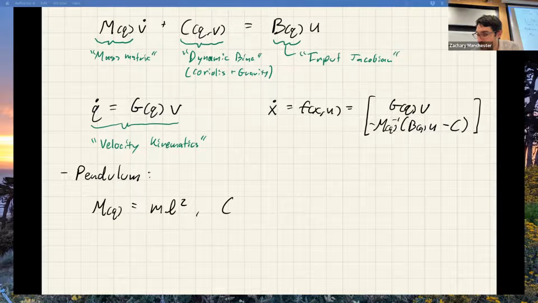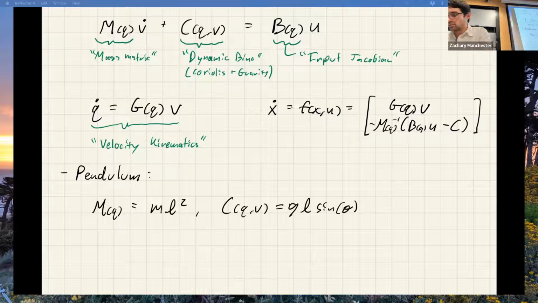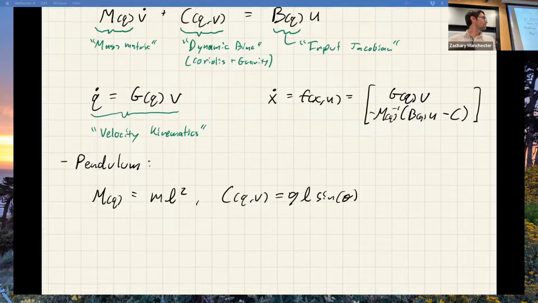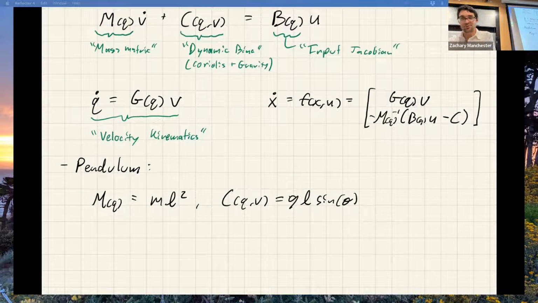The Coriolis term is G L sine theta. And then the B matrix and the G matrix are both identities here.